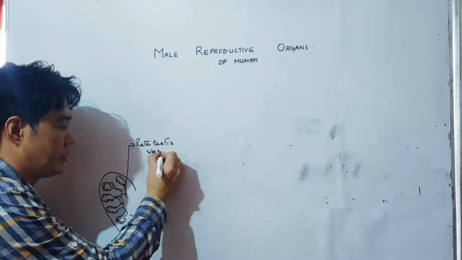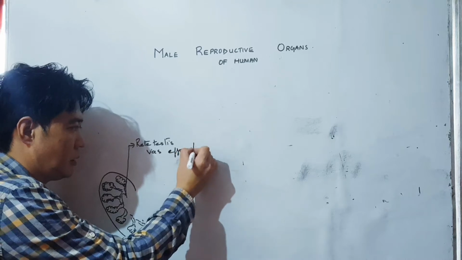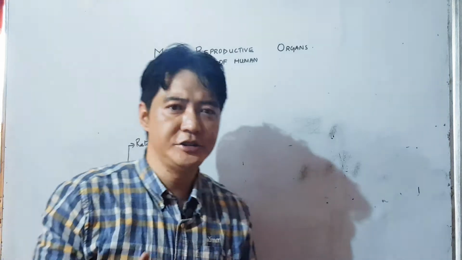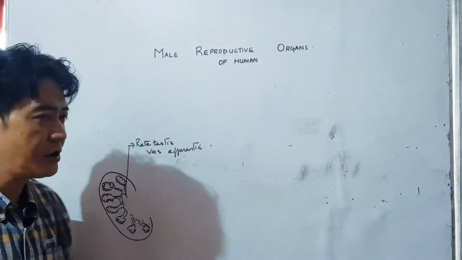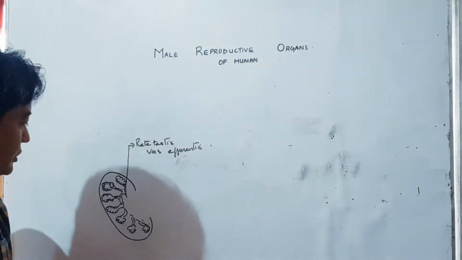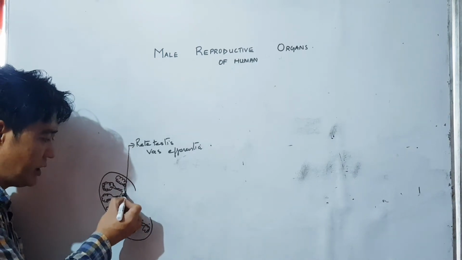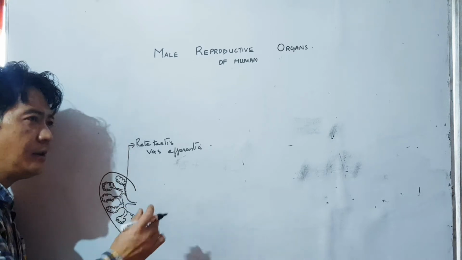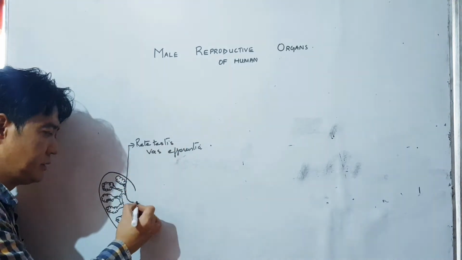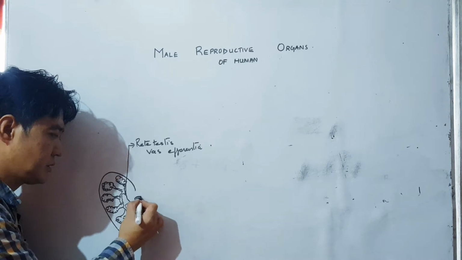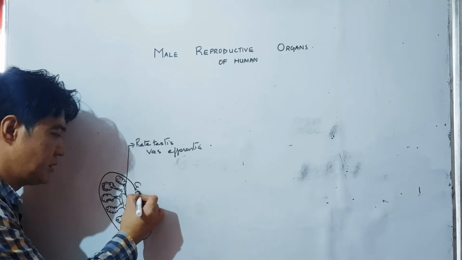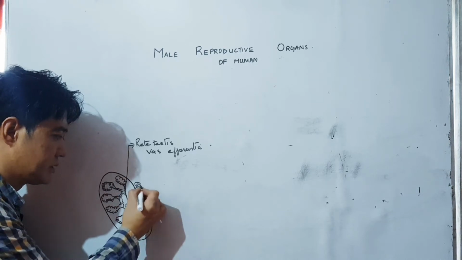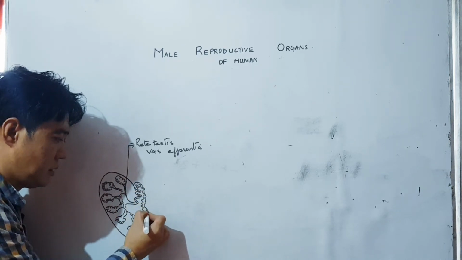Rete testis or the vasa efferentia are the common junction of 10 to 12 seminiferous tubules. And this rete testis ultimately leads to a common highly folded tubule, which looks like a spring, the highly folded tubule of the spermatic cord.